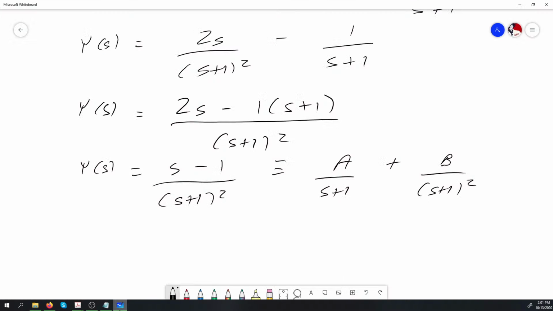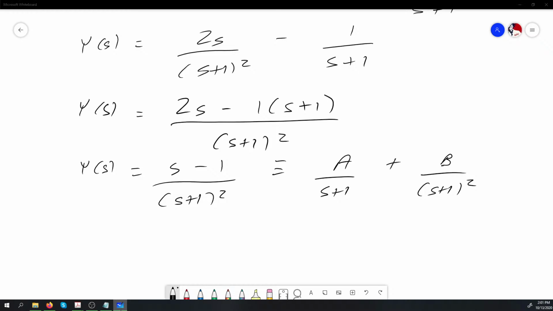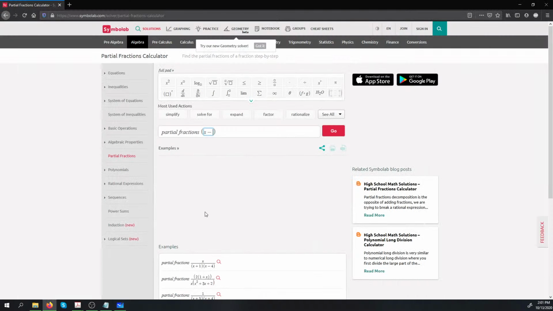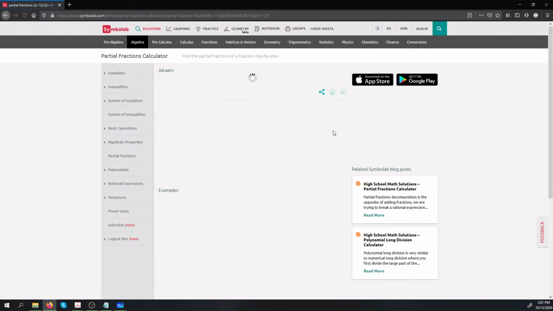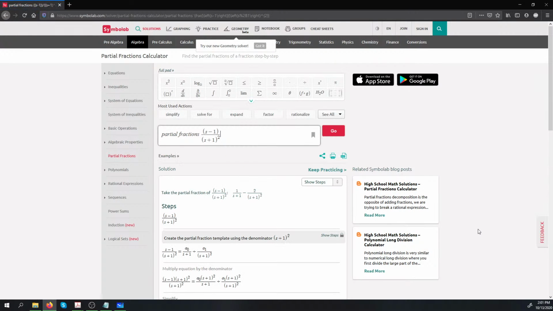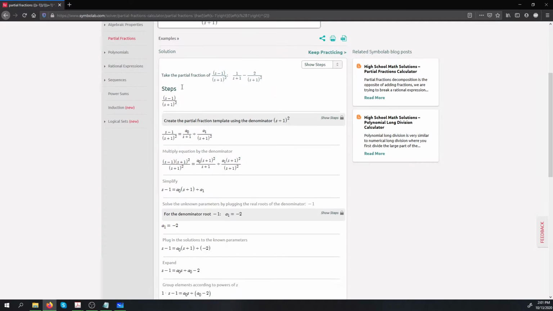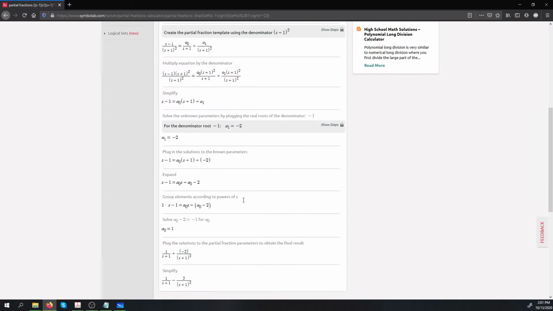Our equation here is going to be s minus 1 divided by s plus 1 all squared. And we use our partial fraction calculator here to get all the steps as such.